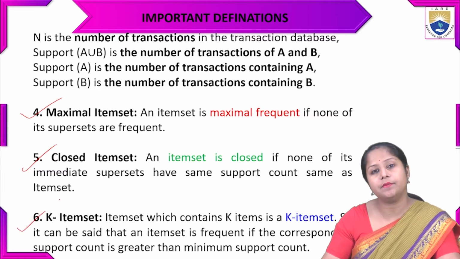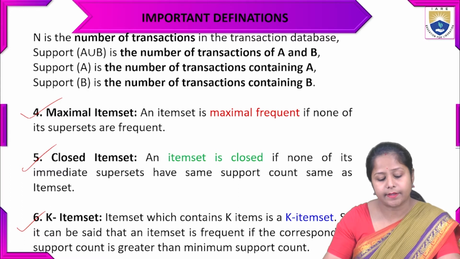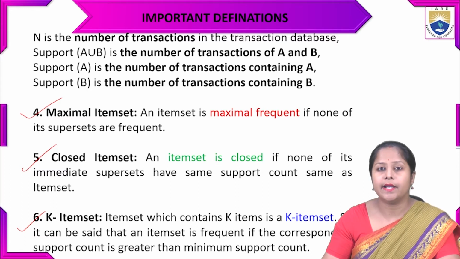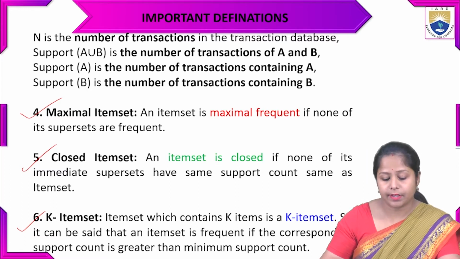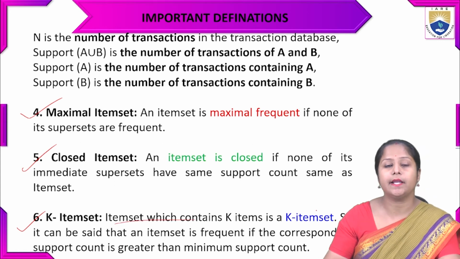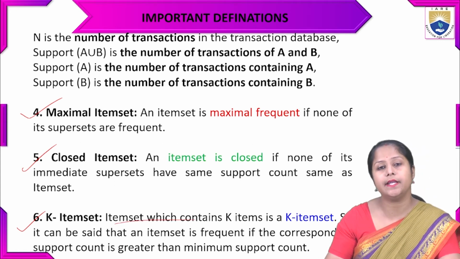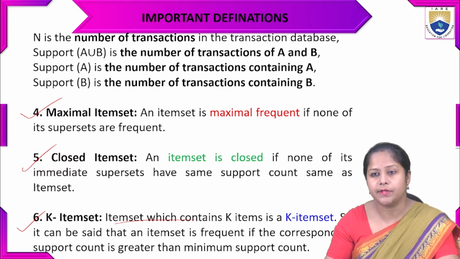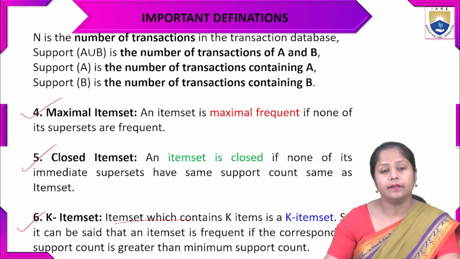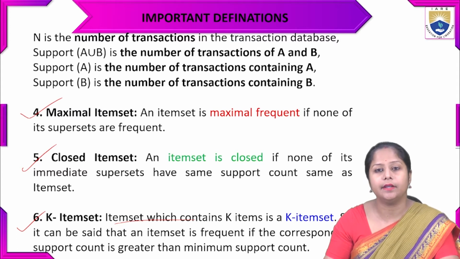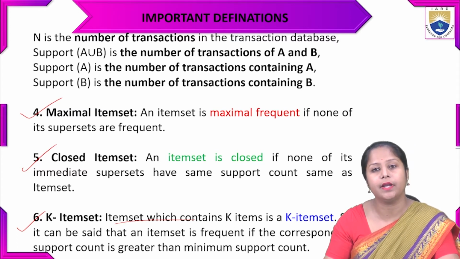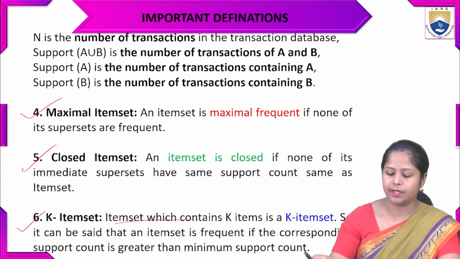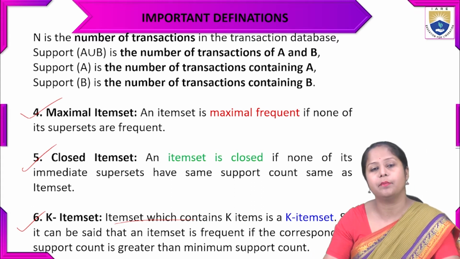What is a K item set basically? K, or X, can be anything. It is an item set which contains K items, any number of items. So that is the K item set. An item set is frequent if the corresponding support count is greater than the minimum support count.